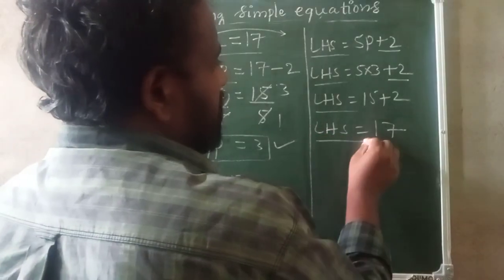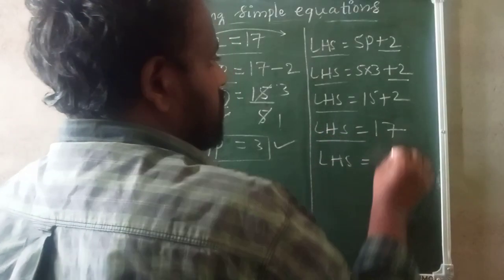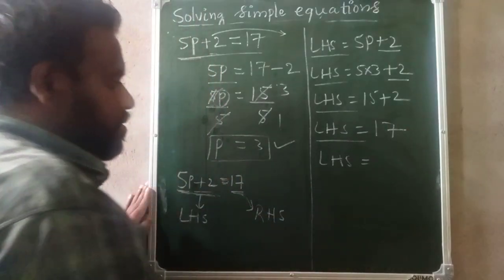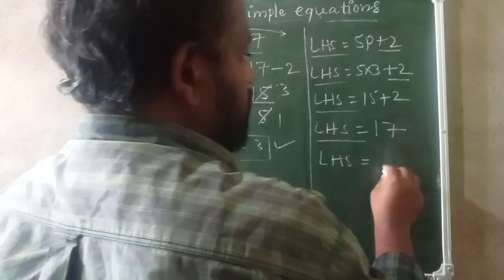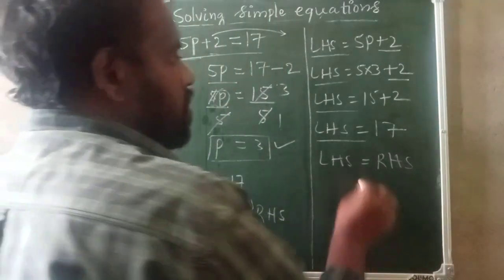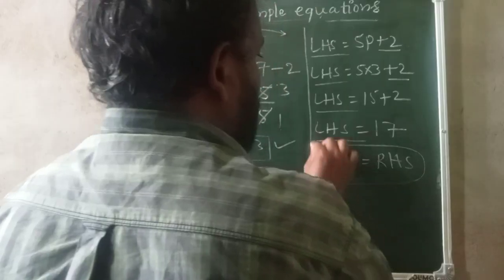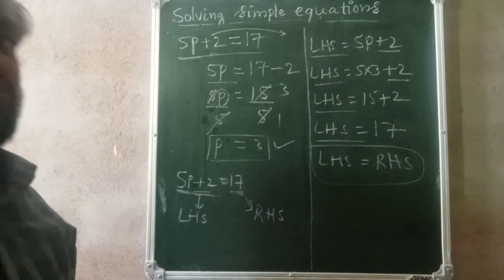Now in the next step, write LHS is equal to, see, we got 17, right? You see here 17 is RHS. So for 17 here I will write RHS. See, we got LHS is equal to RHS.